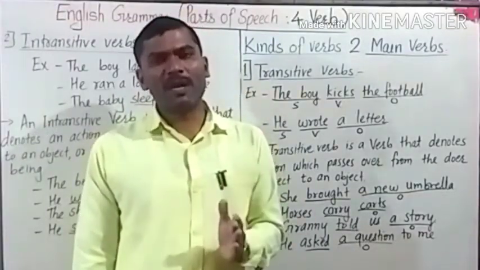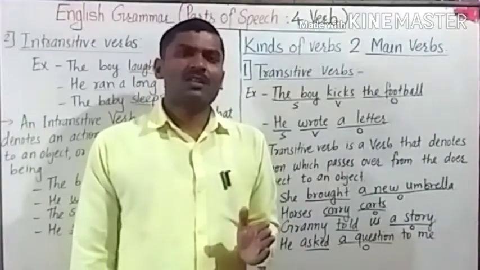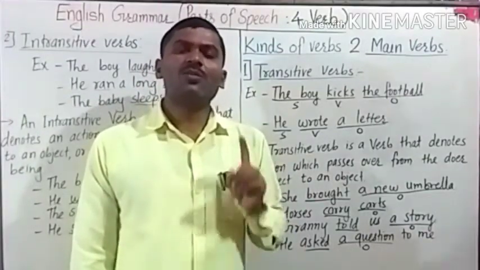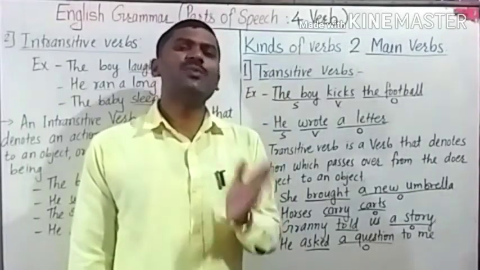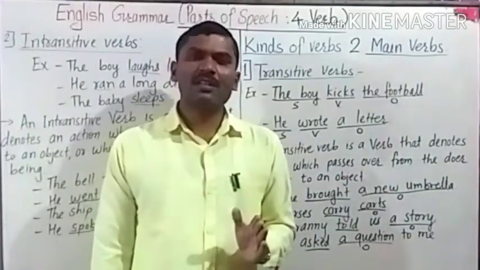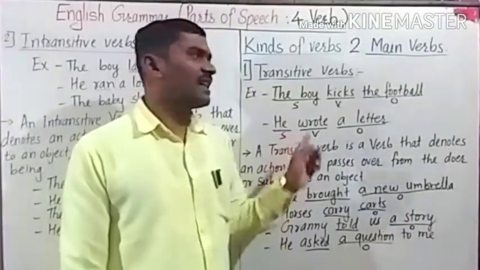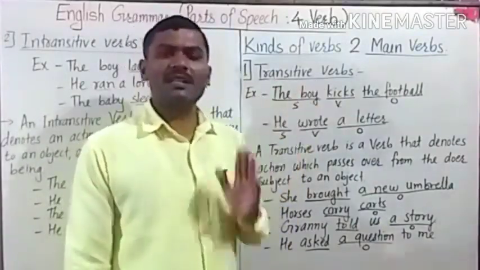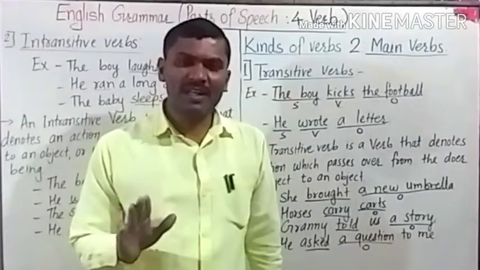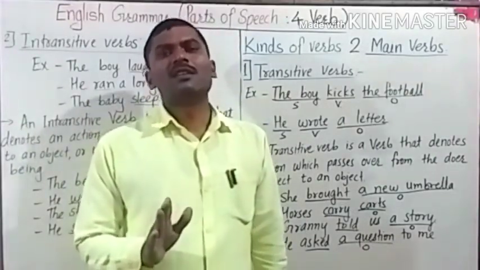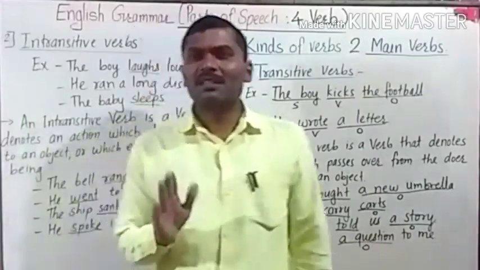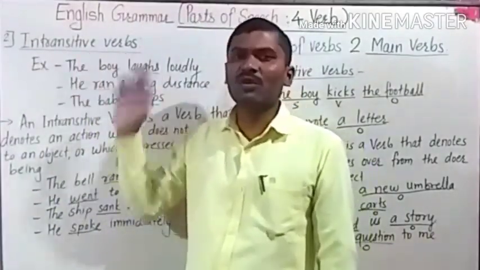How to identify the transitive verb? Just ask the question what or whom to the main verb. If we get its answer, then that sentence has a transitive verb in it. And if we don't find an object in the sentence, then that sentence has an intransitive verb.